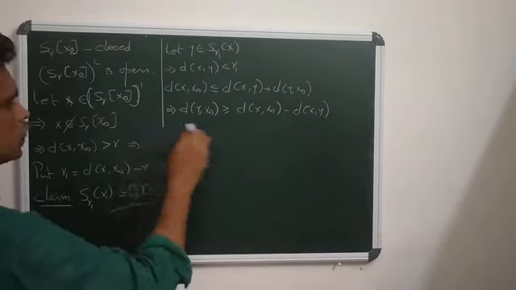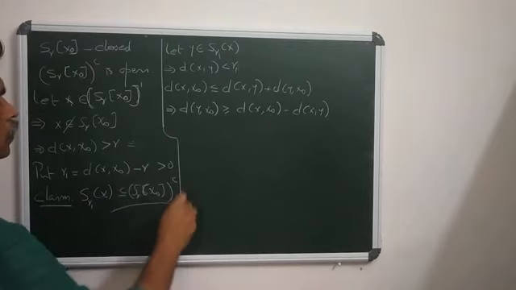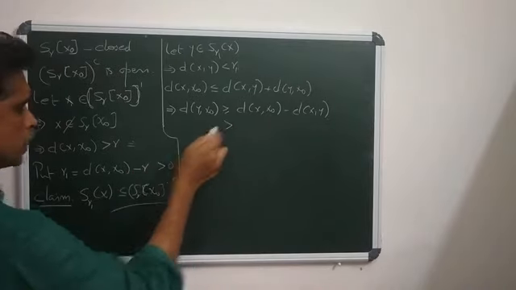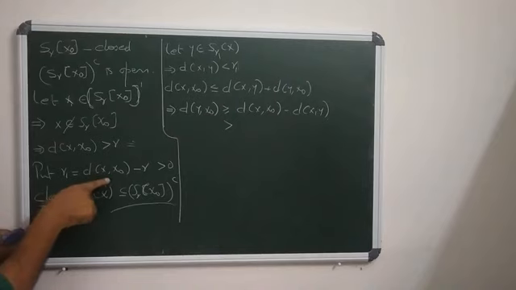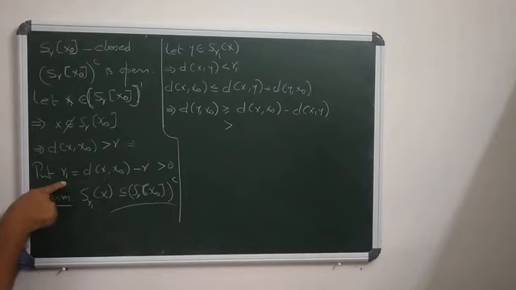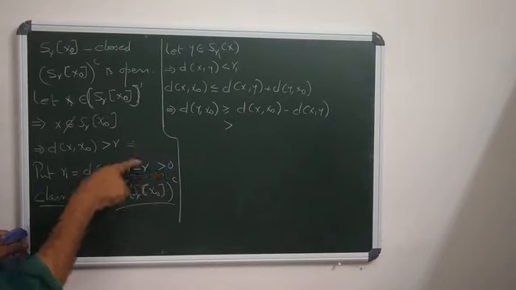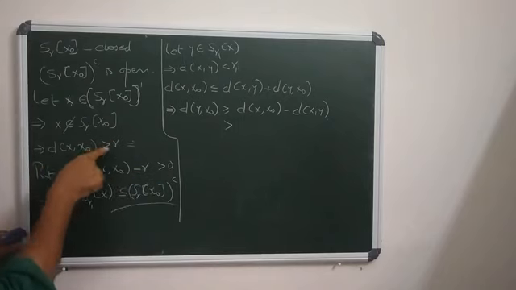What is d(x, x0)? r1 equals d(x, x0) minus r, but d(x, x0) is strictly greater than r.